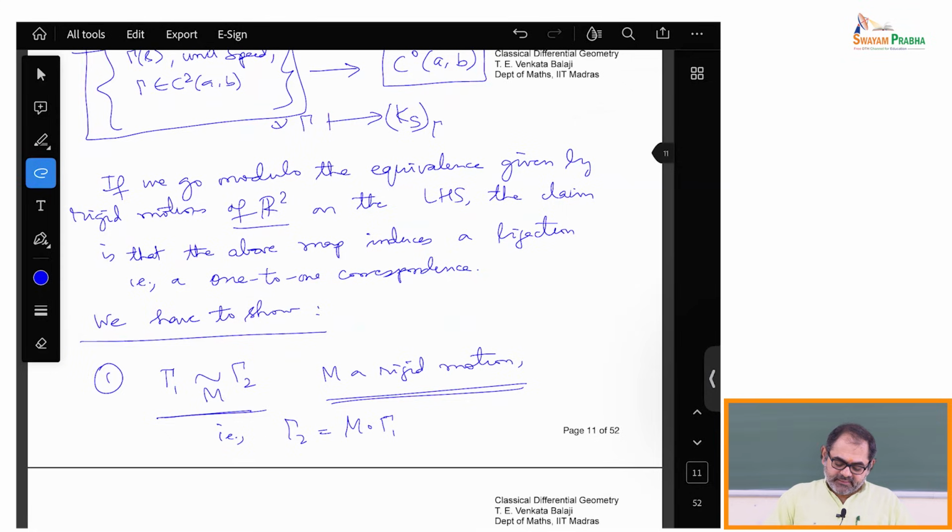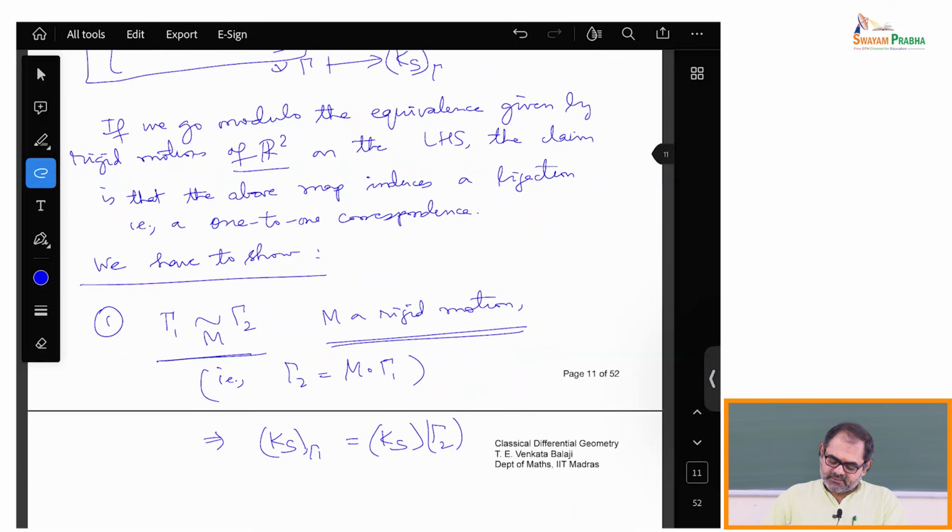So this should imply that if you take a curve and move it by a rigid motion, the original curve and the new curve have the same signed curvature. This implies that k signed of gamma 1 is equal to k signed of gamma 2, which is the same as k signed of M composed with gamma 1.